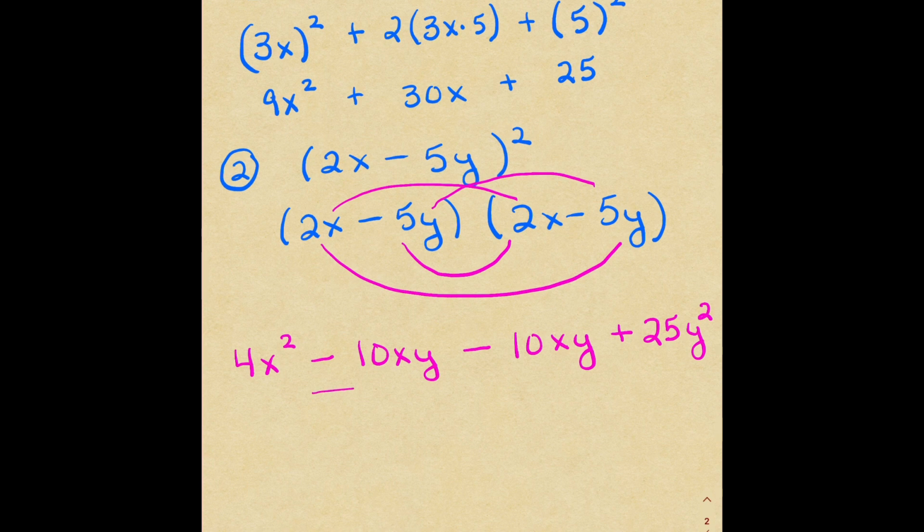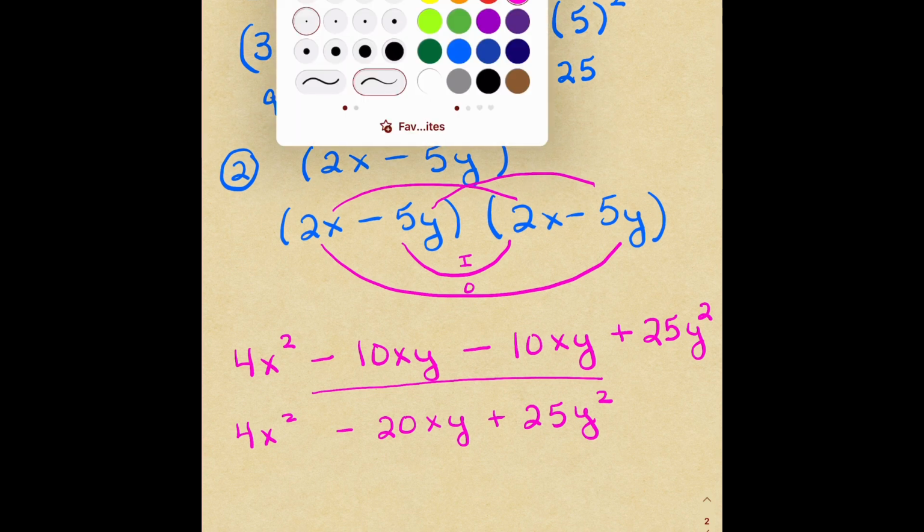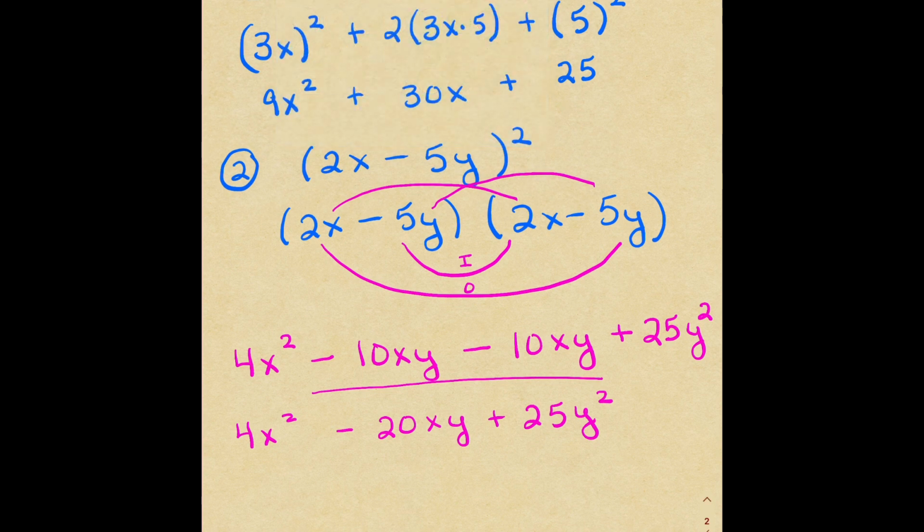And then again, we're going to end up with our outer and our inner adding together. So we have 4x squared minus 20xy plus 25y squared. So here the pattern happens again. When we have this 2x minus 5y squared, we see that the first term, 2x, becomes this.